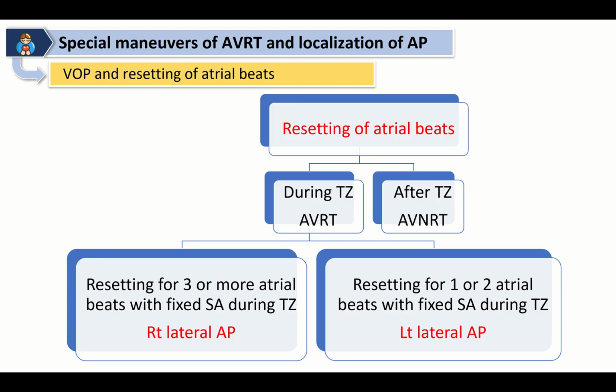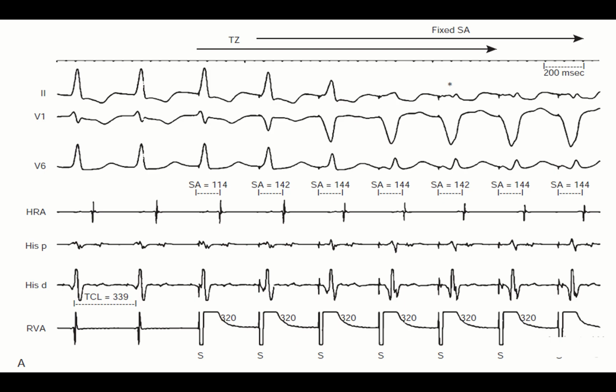If we have 3 or more atrial beats, it is a right lateral accessory pathway. If only 1 or 2 atrial beats are reset during the transition zone, it is a left lateral accessory pathway.